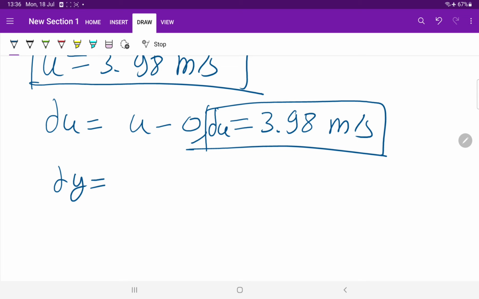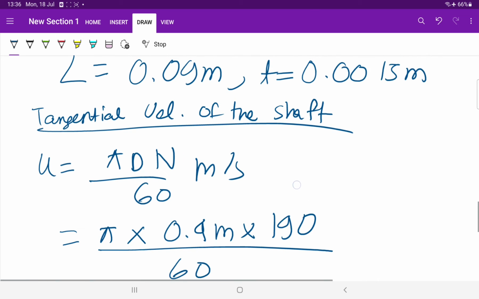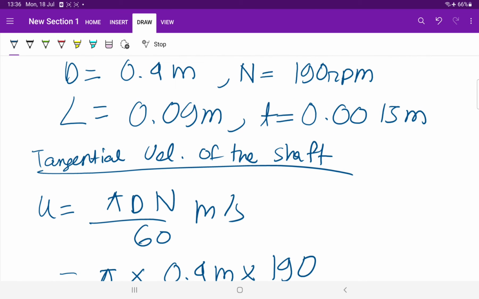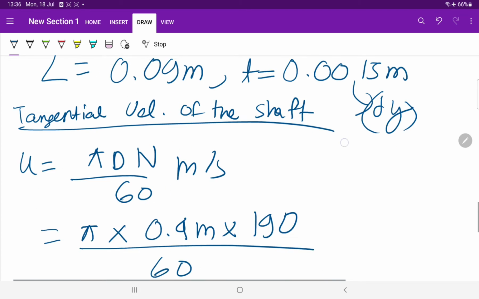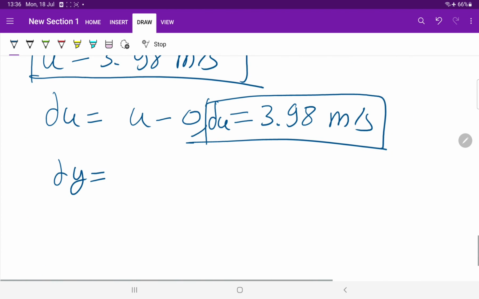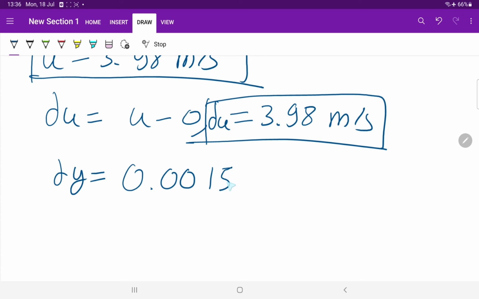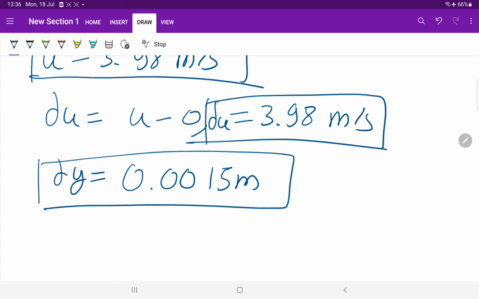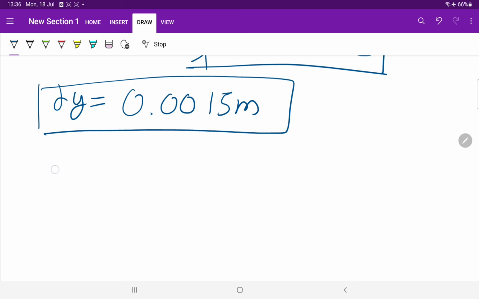We already know what is dy, it is actually T, the thickness of the oil film, this is actually dy. So you can just write simply dy here instead of T, it will be less confusing. So dy is 0.0015 meter.